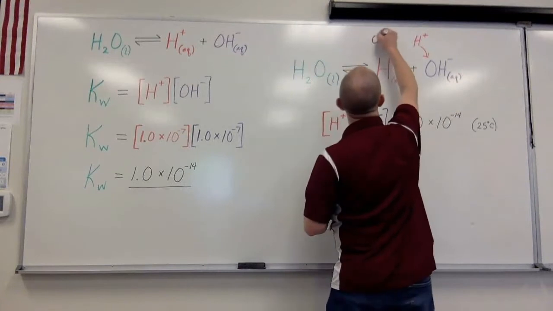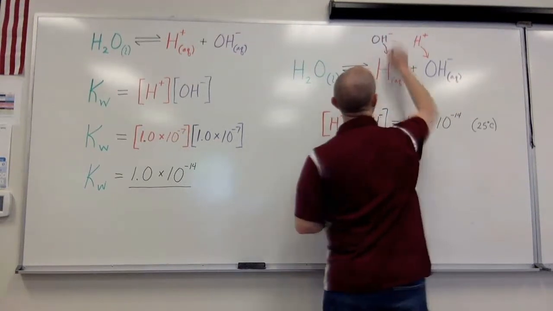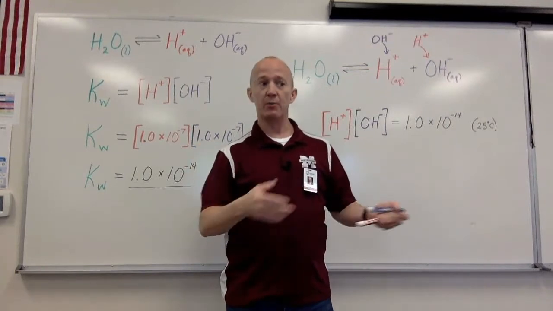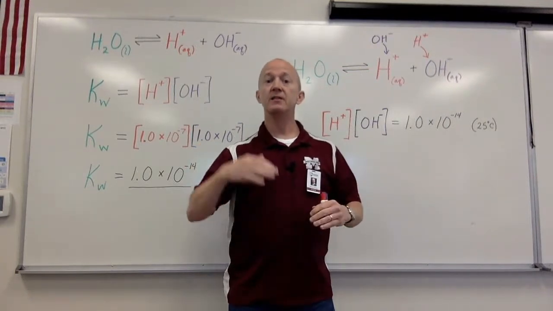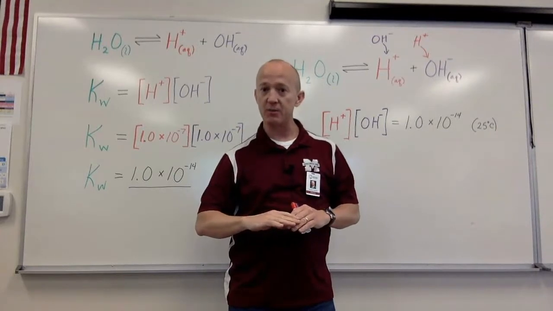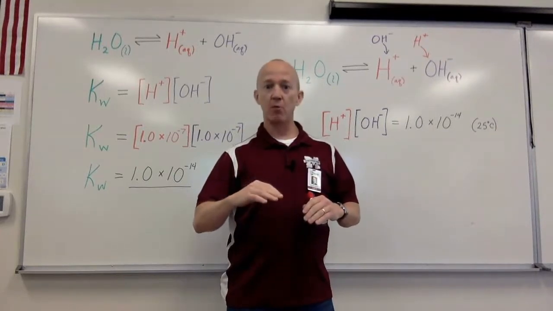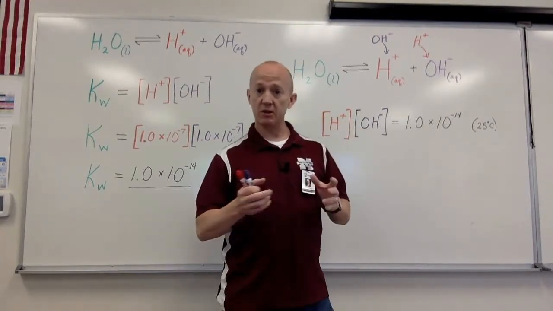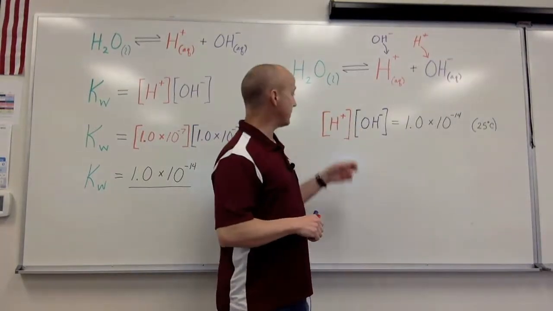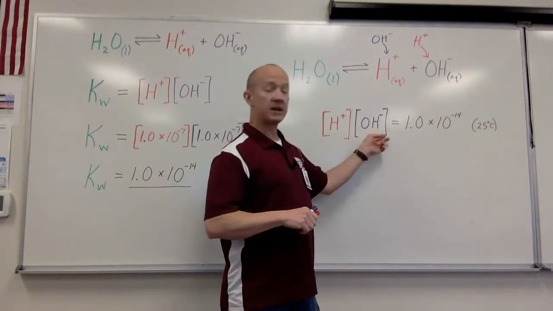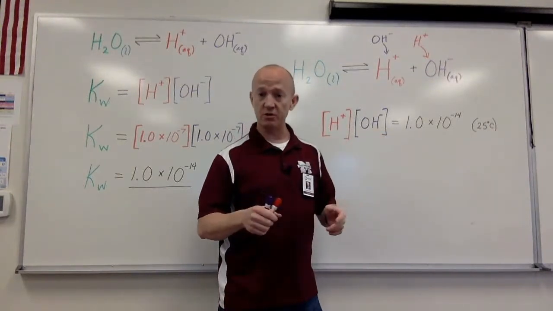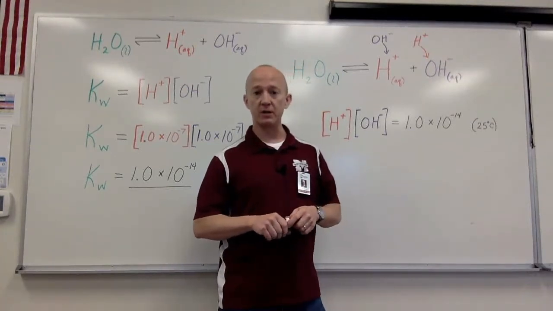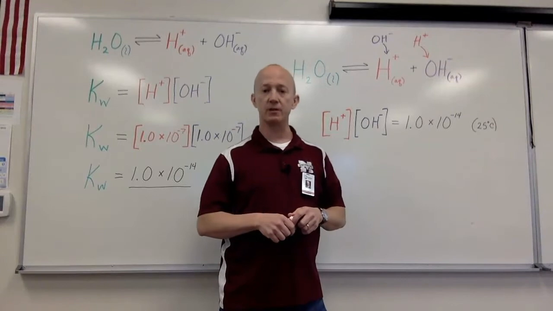If hydroxide ions are put in that solution, in that case, they're reacting with the hydrogen ions, producing more water molecules, but decreasing the hydrogen ion concentration in the process. So we get more hydroxide ions and less hydrogen ions. So you get the picture? It means that when we multiply the hydrogen ion concentration against the hydroxide ion concentration of a solution, it will always come to 1.0 times 10 to the negative 14th at 25 degrees Celsius.